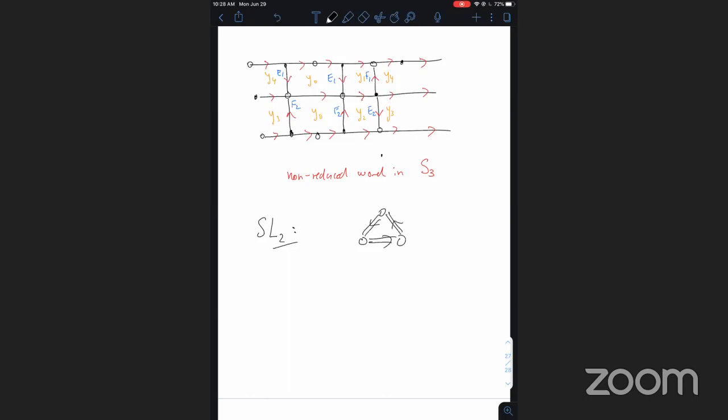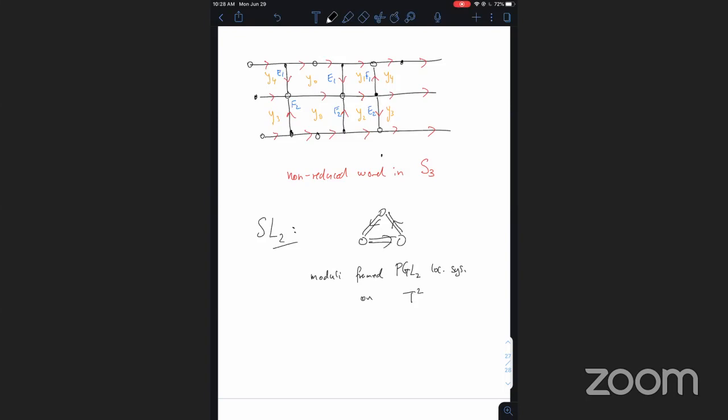And now the quiver degenerates to this case here. And this is exactly the quiver that describes the cluster structure for the moduli space of framed PGL2 local systems on the torus.